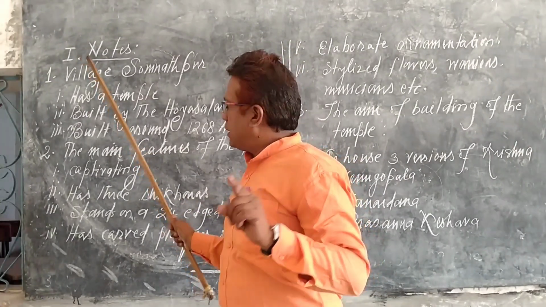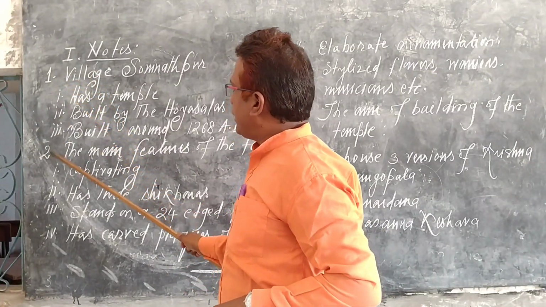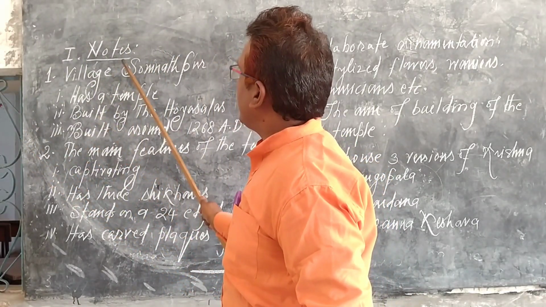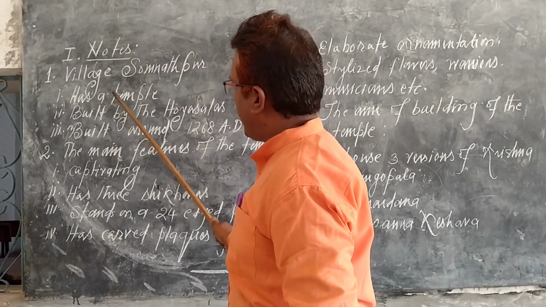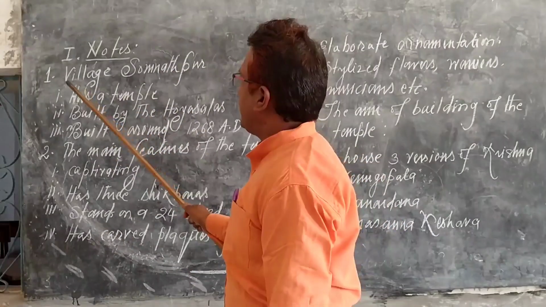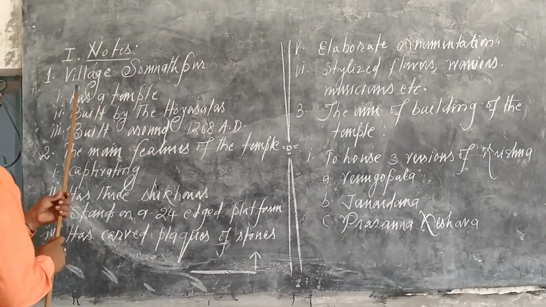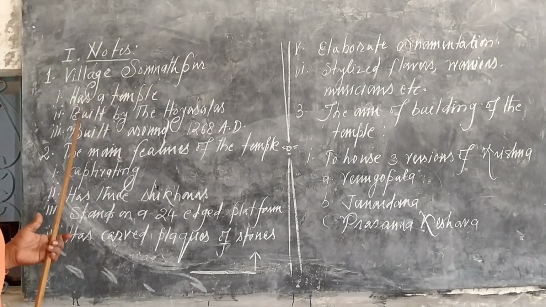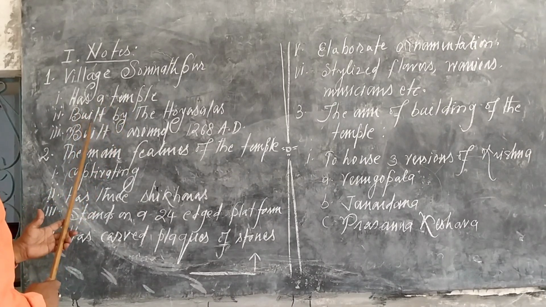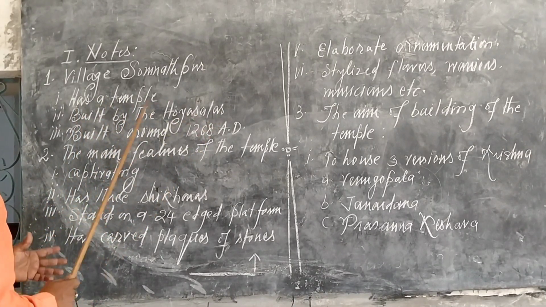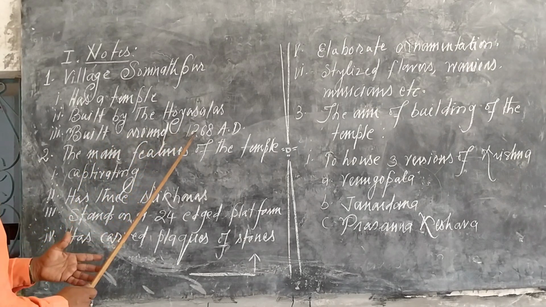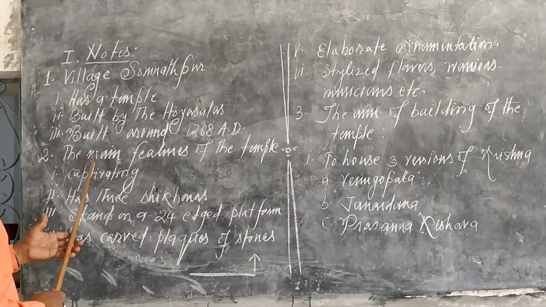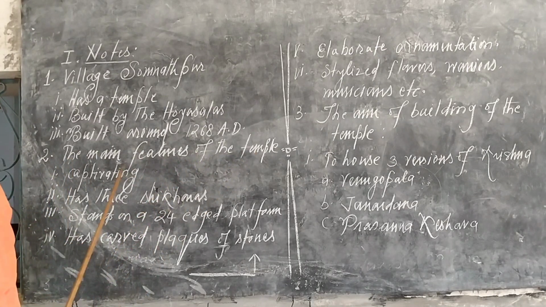According to the passage, there are 3 paragraphs and there are 3 headings and their supporting subheadings. In the first, the heading is village Somnathpur and the subheading is: here's a temple built by the Vaisals, built around 1268 AD. The second heading is the main features of the temple.